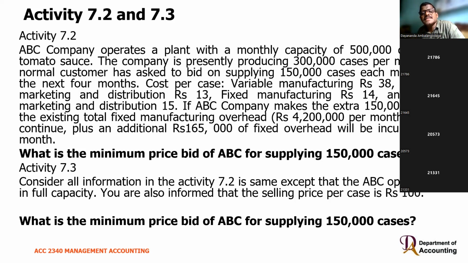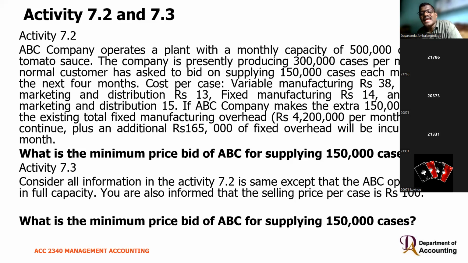Cost per case: variable manufacturing 38 rupees, variable marketing and distribution 13 rupees, fixed manufacturing 14, and fixed marketing and distribution 15. If ABC company makes the extra 150 cases, the existing total fixed manufacturing overheads of 4.2 million per month would continue, plus an additional 165,000 fixed overhead will be incurred per month.